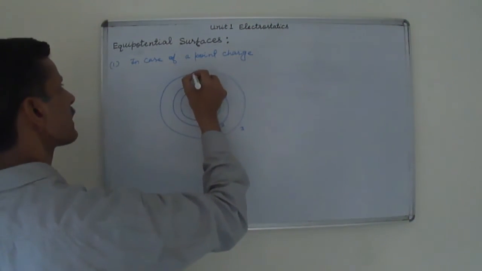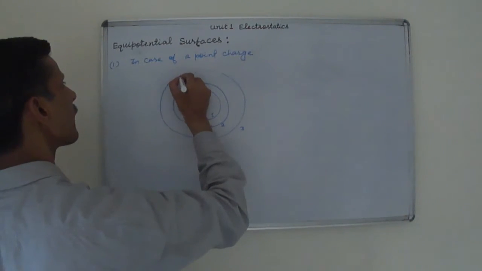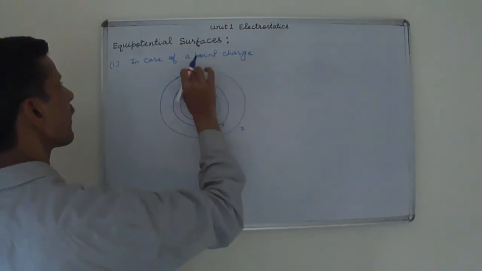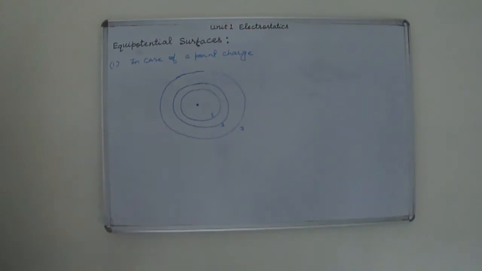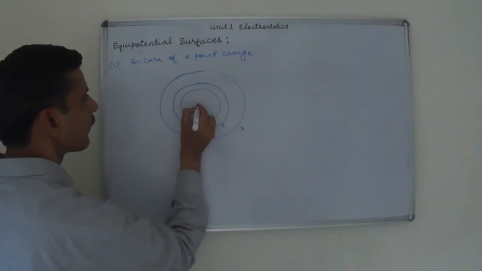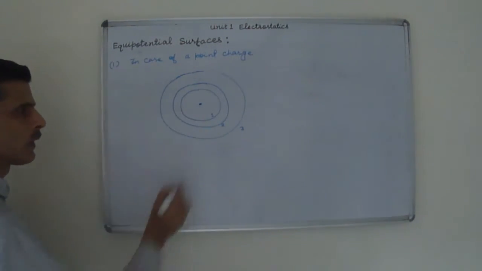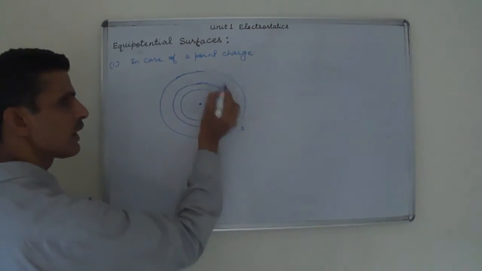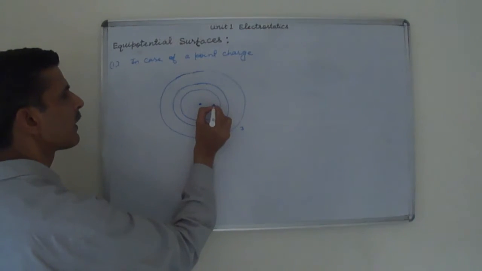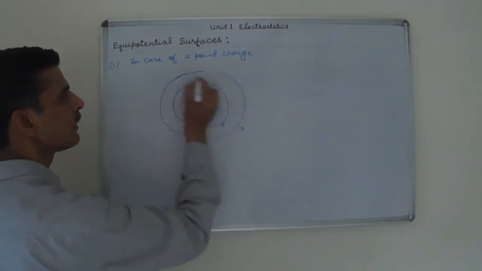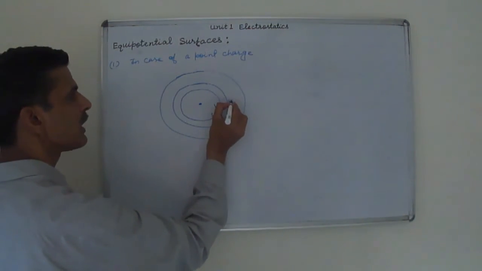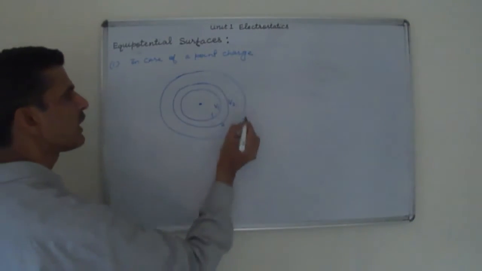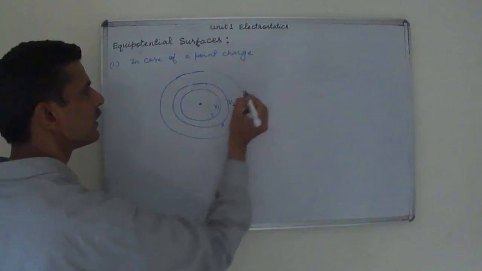These are spherical surfaces. On surface 1, potential is the same, say it is V1. On surface 2, potential is V2, and at each point on surface 3, say potential is V3.